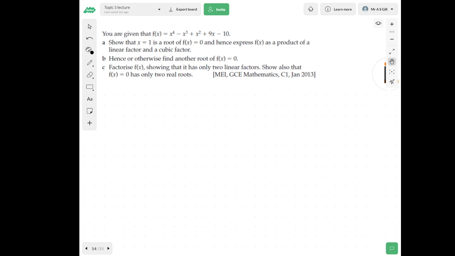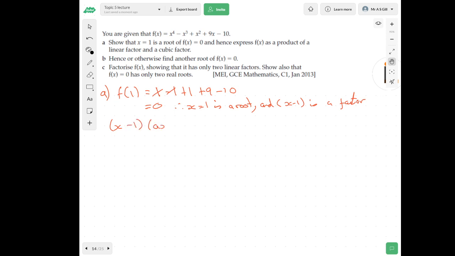So I'm going to start going through this first answer here. So this is the first part of question A here.